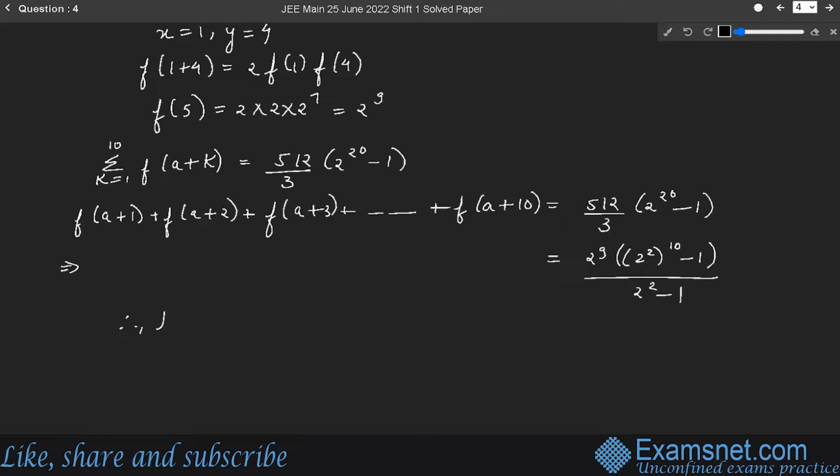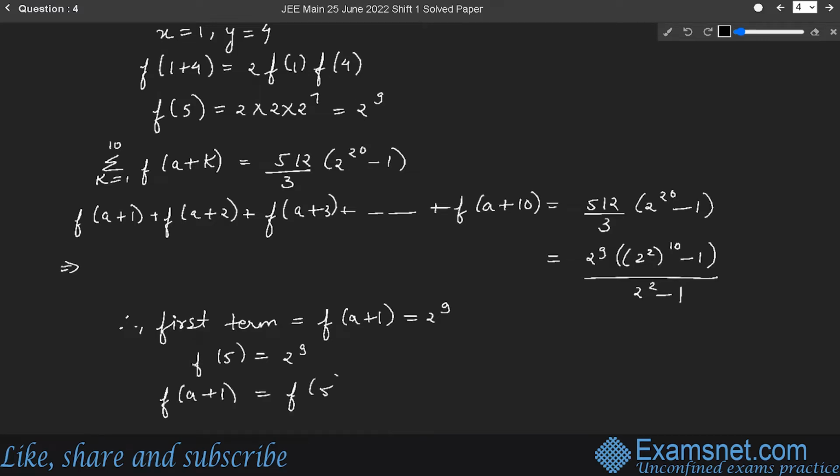Therefore, we can say that the first term will be equal to f(a + 1), which is 2 power 9. Now, again, we can say that f(5) is also 2 power 9. So, we can say that f(a + 1) is equal to f(5), which is equal to 2 power 9.